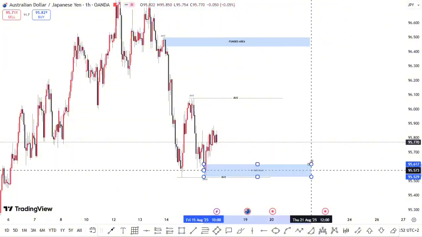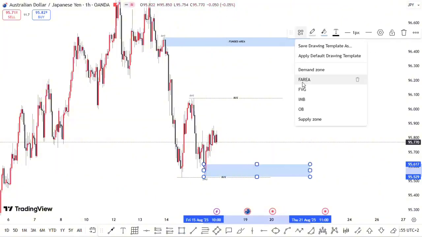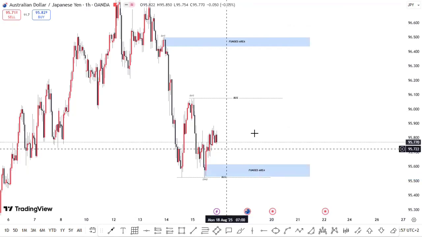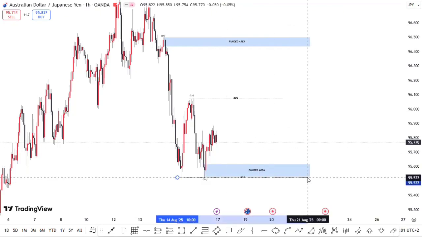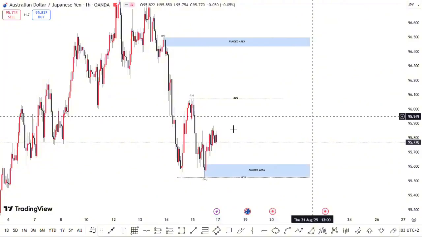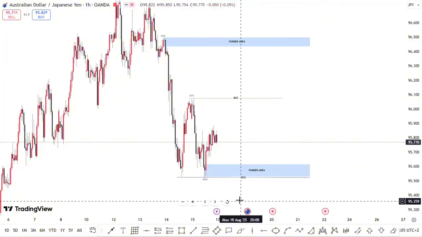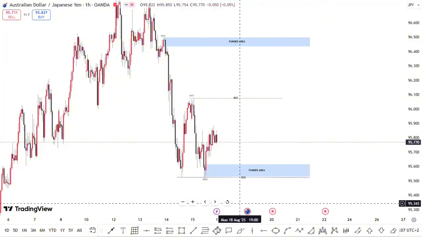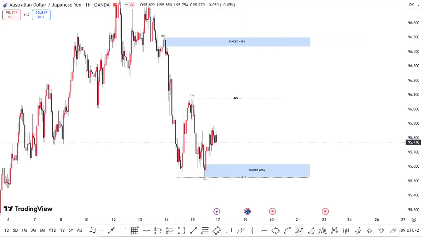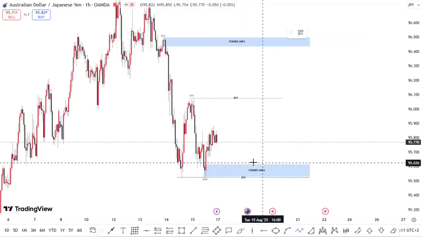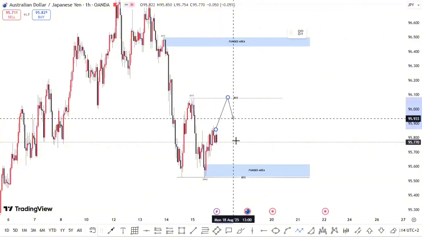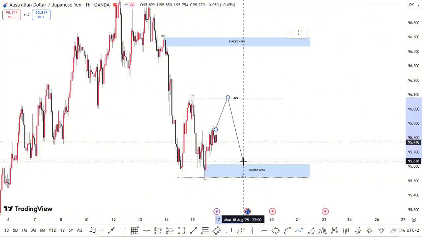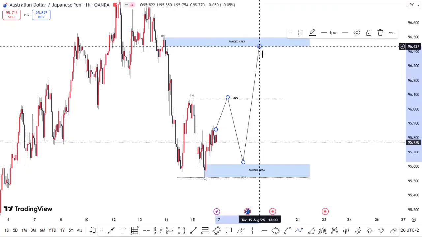If market breaks my break of structure, this one I have in my middle here, it might come here to retest my funded area, then bounce back to the upside, which will be respecting the gap that was left there. Come here, from there bounce back.